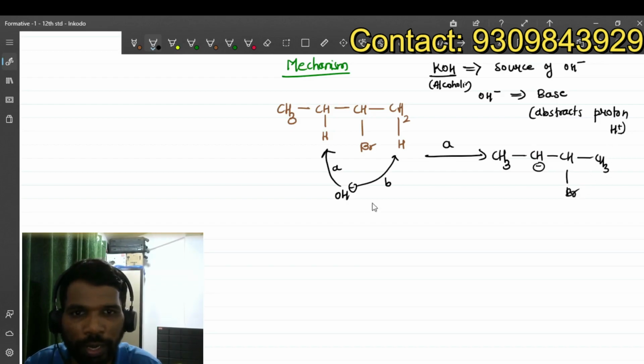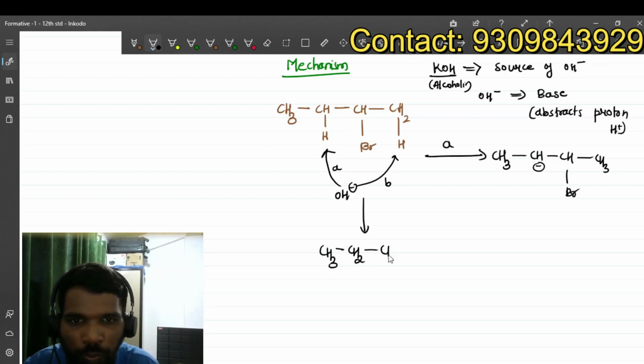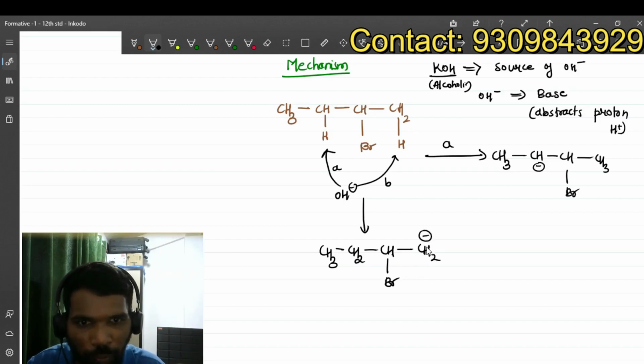And if it is B pathway, like if it is abstracting this, then you are going to have this CH2, CHBr, and this is CH2 minus, right? Two pathways you are going to have.